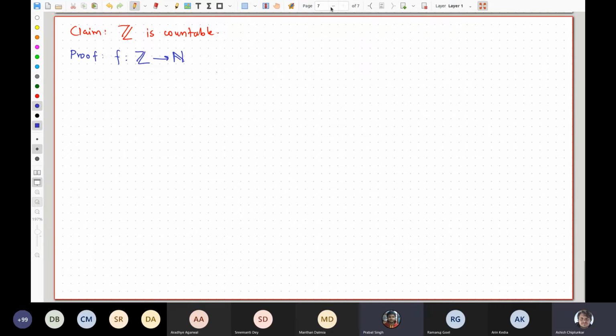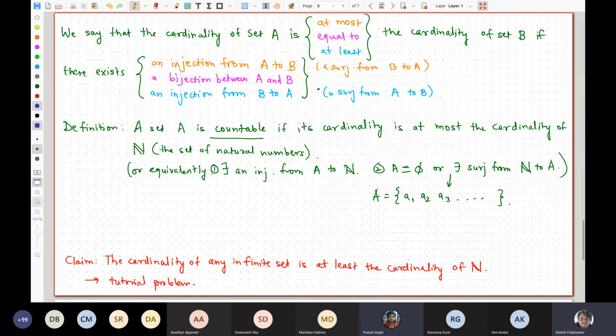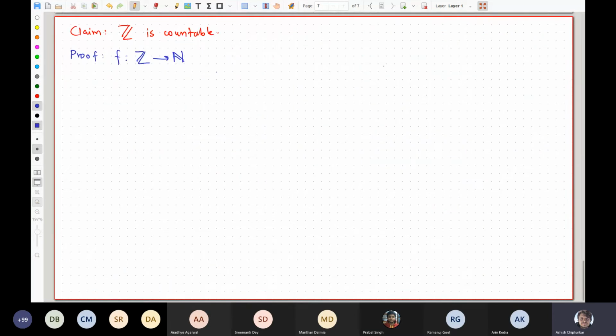So you are actually giving a bijection between N and Z. The pattern he's trying to follow is the following. This is the number line. This is a1, then 1 is a2, then minus 1 is a3, this is a4, and so on in both directions. Acceptable.